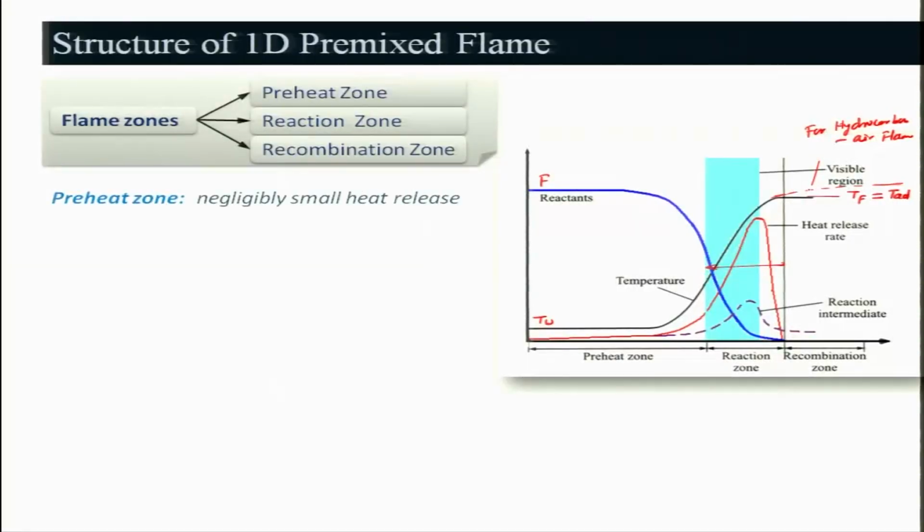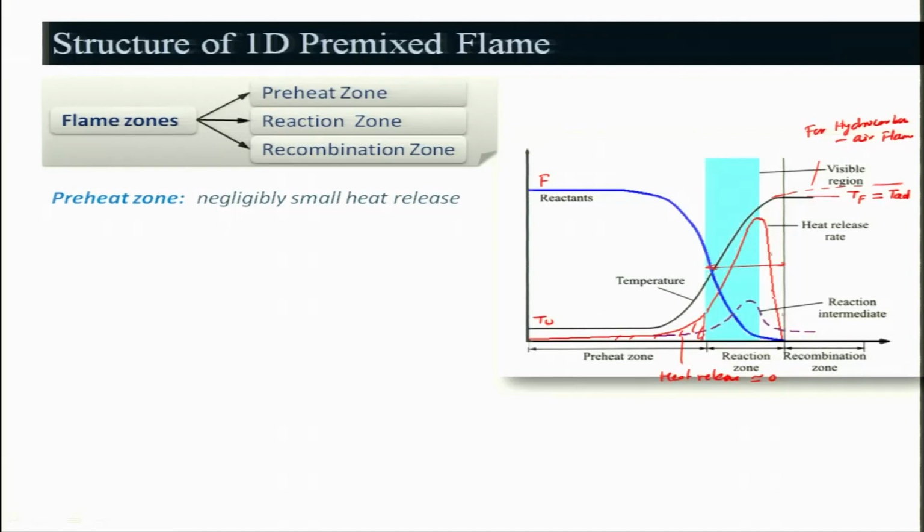In the preheat zone, there is an interesting thing: negligible heat release. There will be some heat release, but consider this portion here: this heat release is approximately equal to 0 as compared to the heat release in this portion, which is very high, a large amount.